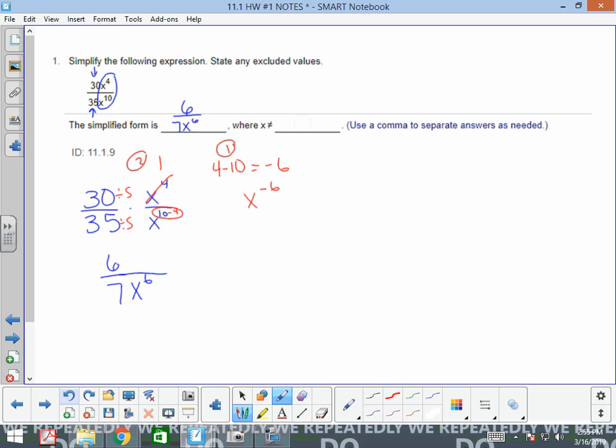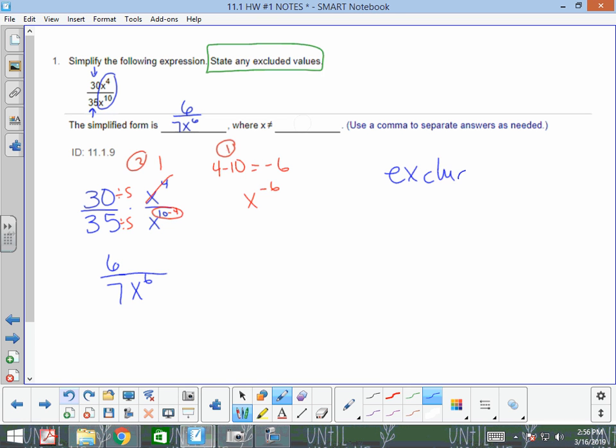All right, so now let's look at how to state any excluded values. When we state excluded values, what we're going to do is look at the denominator. We're looking for variables that are in the original denominator. The original denominator is x to the 10th.